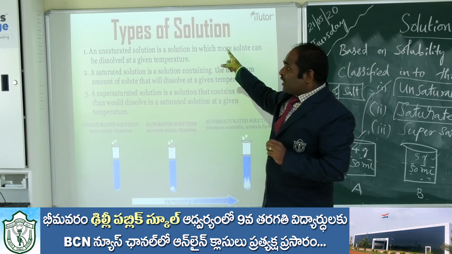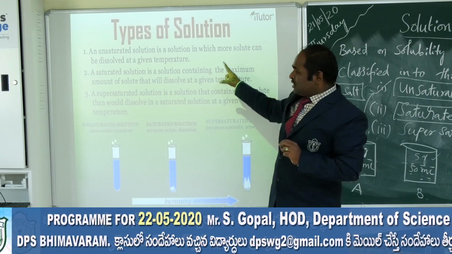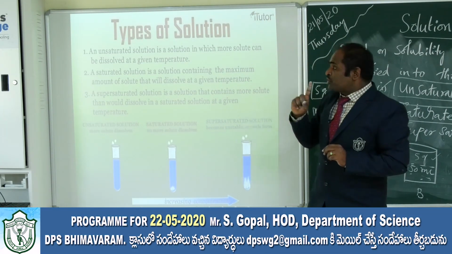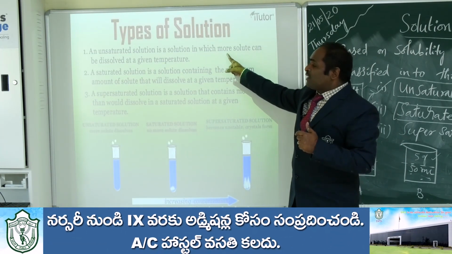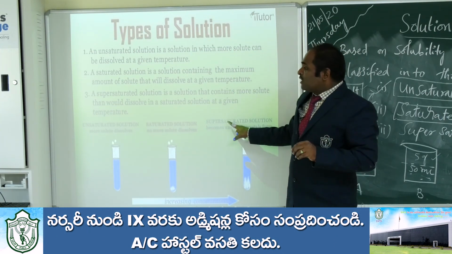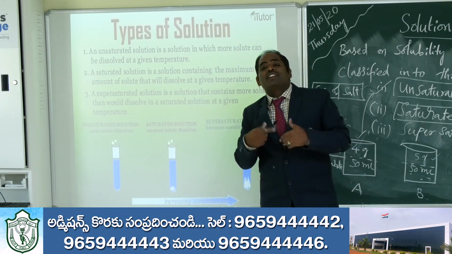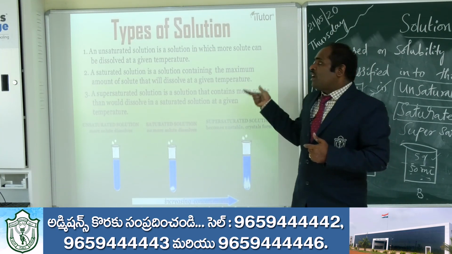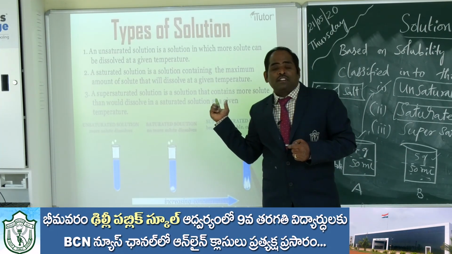One more question you can expect. And in application based questions you can expect: unsaturated solution has less salt, saturated solution has required salt and supersaturated solution has more than required salt. The concentration is high. Next class we will continue with how to find the concentration and other things.